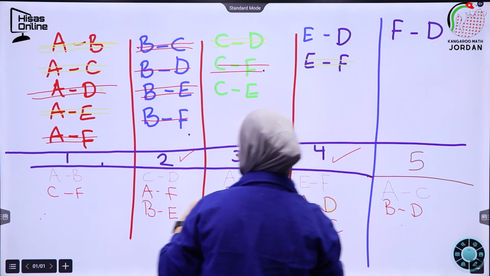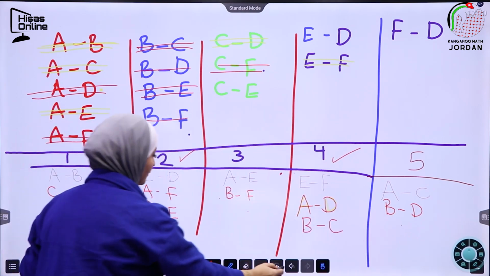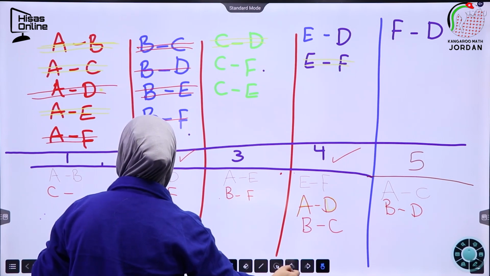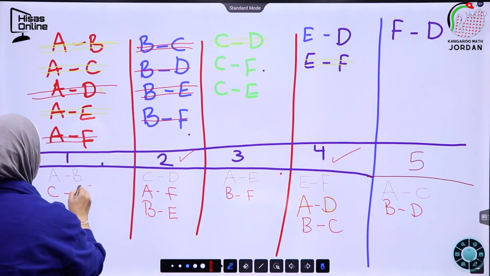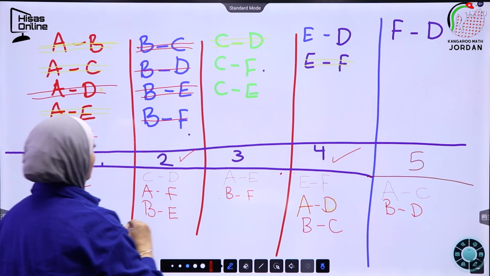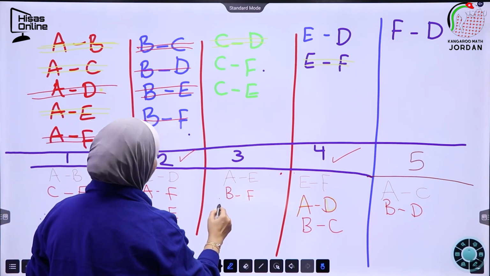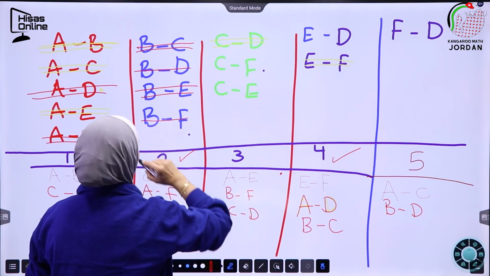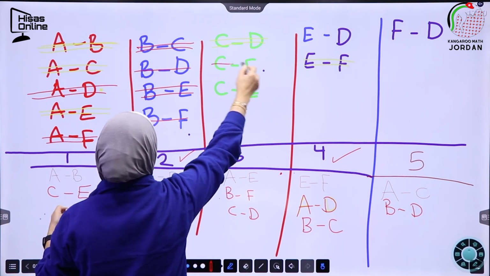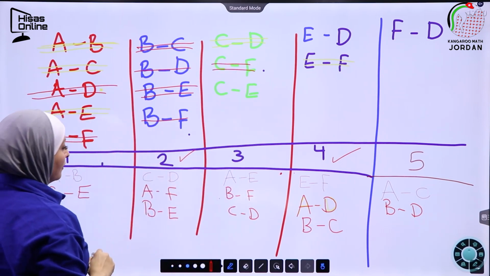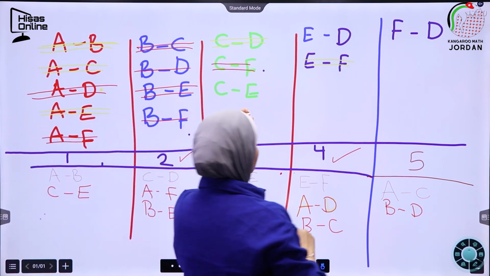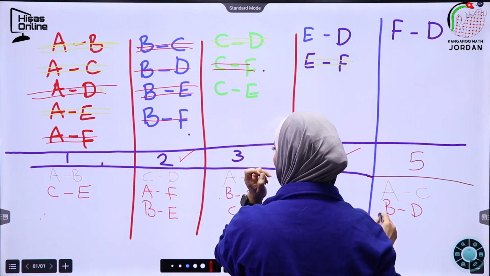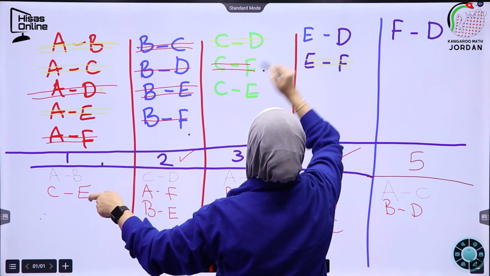And no way to have C here, so we will switch this one. Okay, so we'll have CE here. Okay, and CF here. Sorry, CD here. Okay, so we cancel CD and CF. Okay, we have CE. No way to have it here. We took it, okay, CE, done.